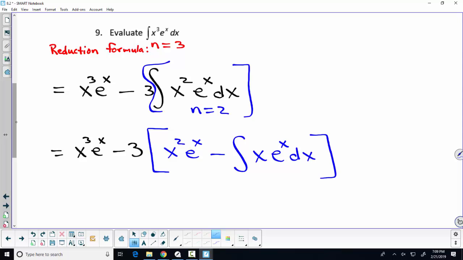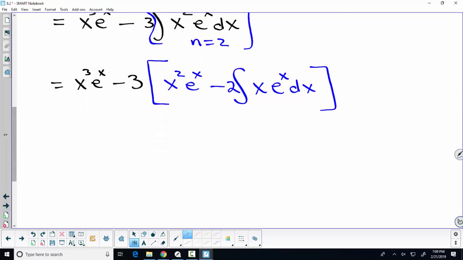Oh yeah, 2 here. Then we do this one more time where n is equal to 1. We could multiply the negative 3 through all of that, 1 and 2. But that's the idea of reduction formulas.